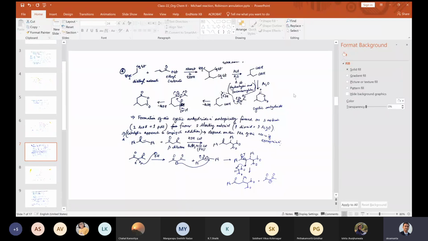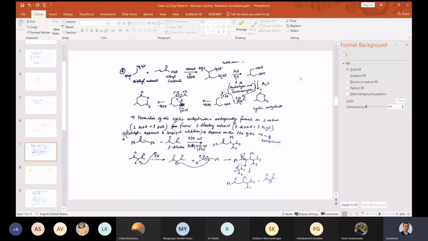Okay. Then it says that the catalyst, the base that we are taking here, like sodium ethoxide, most of the time we take in excess, a large amount. But we could also take this base in a catalytic amount. Will that be possible?